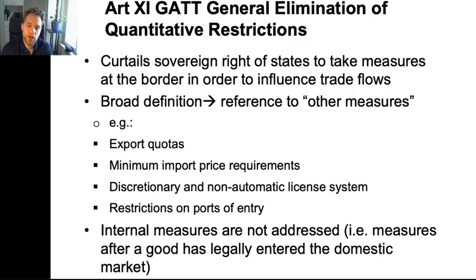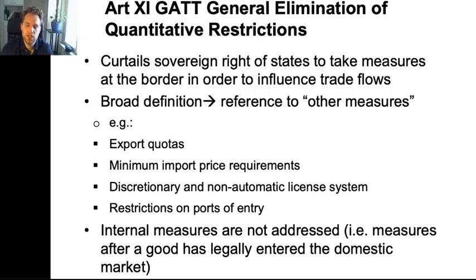And there is a broad definition of these quantitative restrictions. While I've been talking about bans and maximum numbers over and over again, there is also a reference to so-called other measures. Among them, for example, export quotas, minimum import price requirements, discretionary and non-automatic license systems applied by states, or restrictions on ports of entry, so where and how a product may enter a given market.